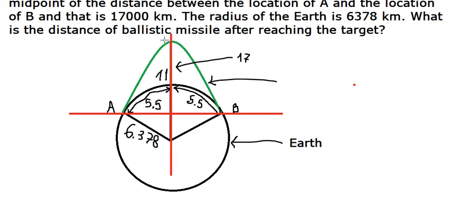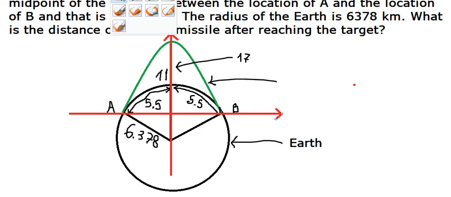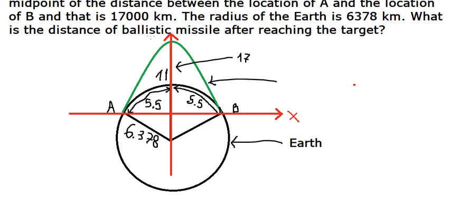This is the red color for the coordinates in here. So we have X and Y, and we have 0 in here. So we just know A and B.